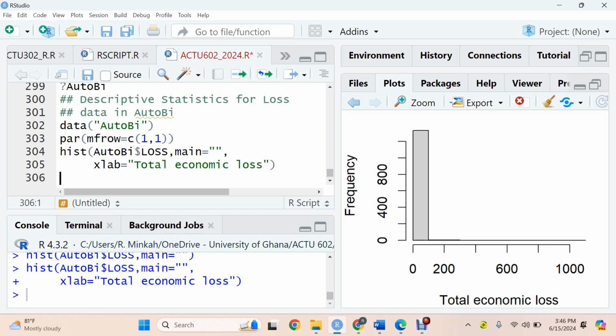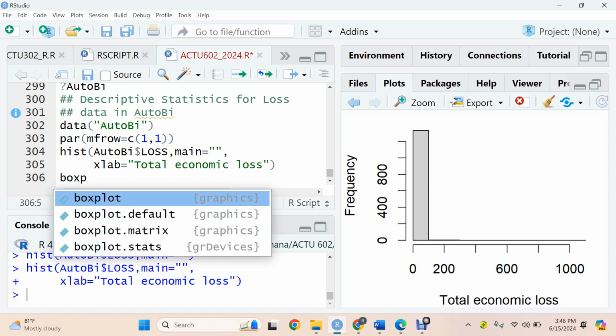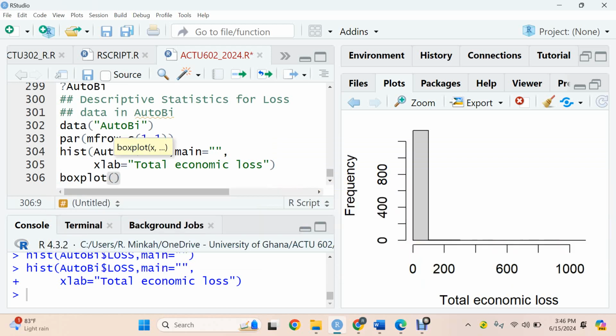What other thing can we use? What other graph or descriptive statistics? We can use the box plot. So let's look at the box plot. Okay. So you have to be doing this. So please make sure, nobody will do it for you.